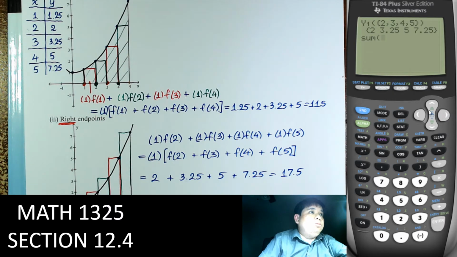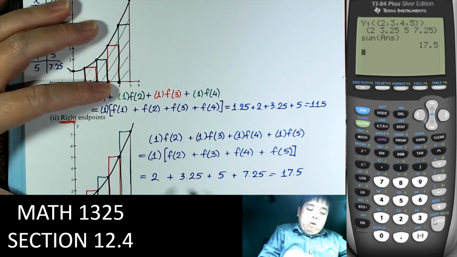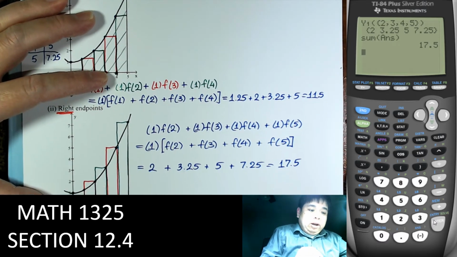And we'll just highlight, copy and paste. Or if we don't want to do that, we know the answer is this. We just hit second, and this key, we have the last answer on the calculator. Right, all of this, of course, we multiply by the width, which is 1.